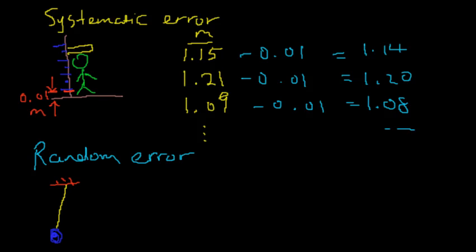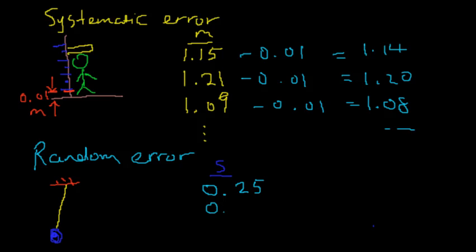Then I'll write down the numbers for the time, for the seconds that I measured. Alright, so let's say the first number that I got was 0.25 of a second.